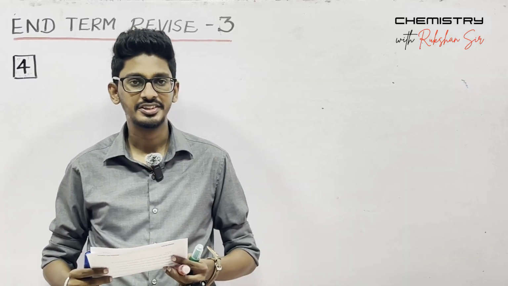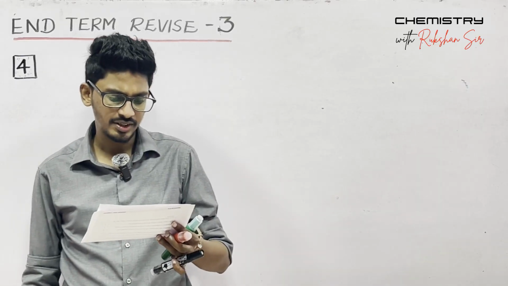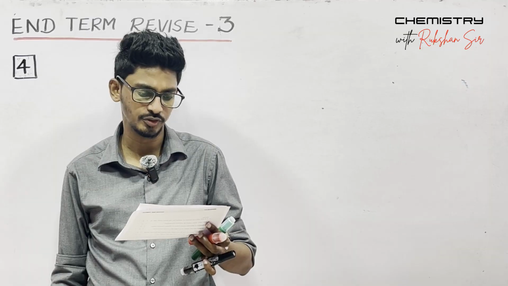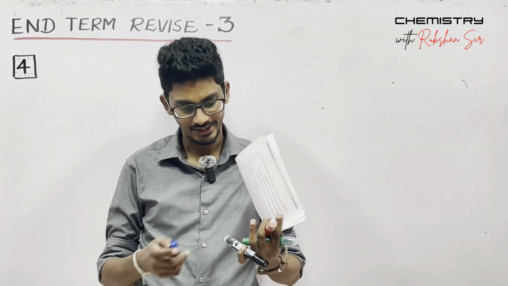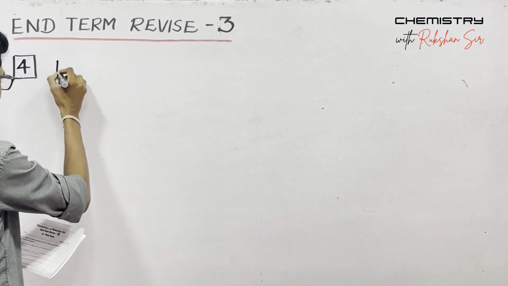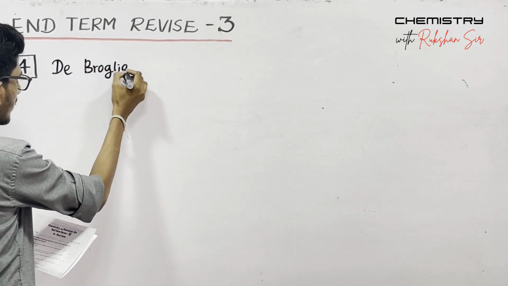Let's discuss statement 4. De Broglie wavelengths of heavy particles are always smaller than those of lighter particles. This is regarding the de Broglie wavelength.